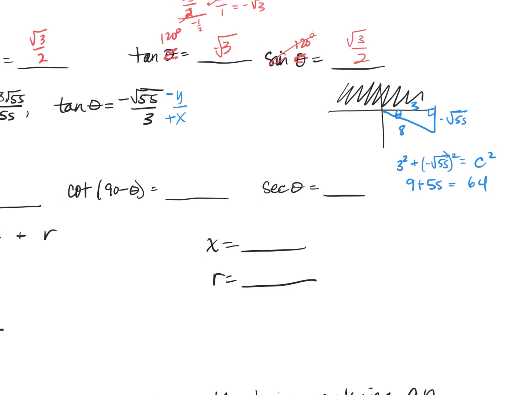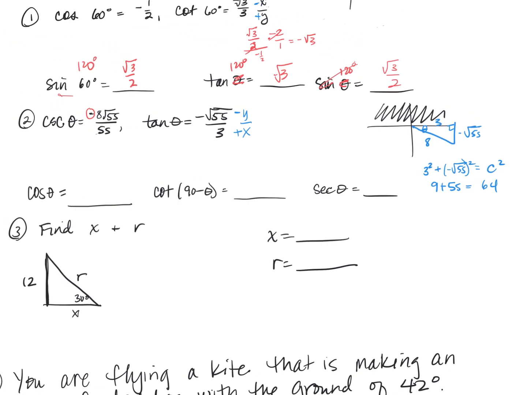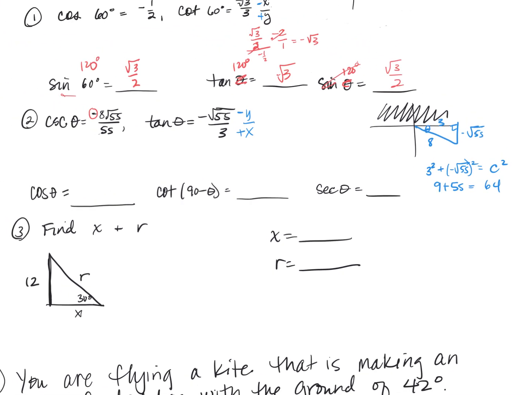Now I just have to find what it's asking me. Okay, now it's asking me, okay, what is the cosine? Well, the cosine is always adjacent over hypotenuse, right? That's on your chart. If you don't remember, it's right on chart. Adjacent to theta is 3. The hypotenuse is 8. Okay?